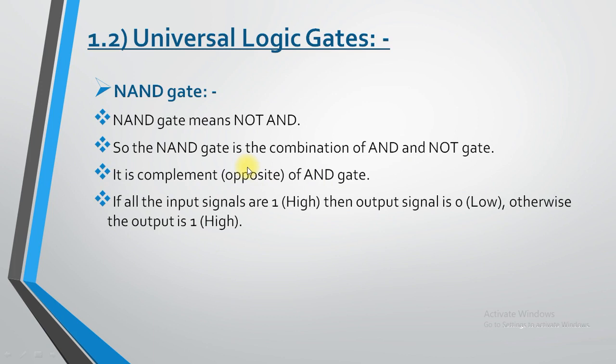So whatever output you get in the AND gate will be the opposite in the NAND gate. We have already seen the truth table of the AND gate, right? So when you use the NAND gate, at that time you will get the opposite of the AND gate.